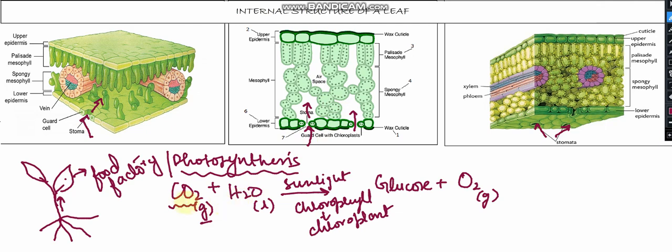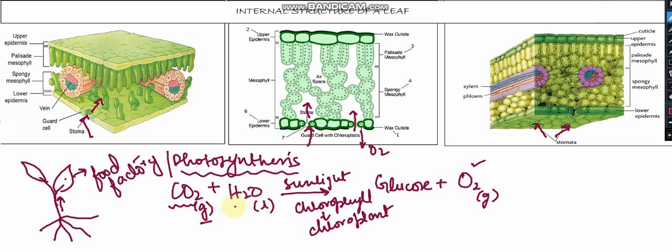So now we know that carbon dioxide is entering the leaf, in this whole manufacturing company, through these stomata. And if I directly talk about the exit of oxygen gas, again these gates are used to exit the oxygen gas into the environment.